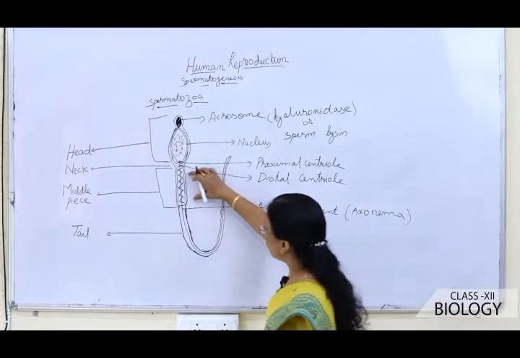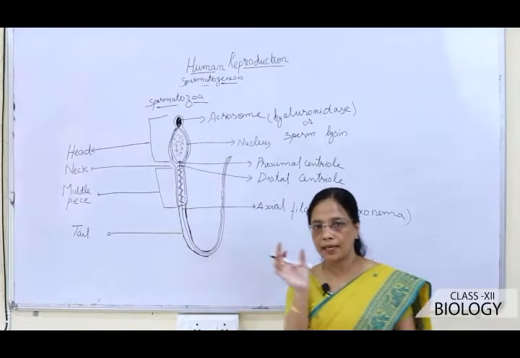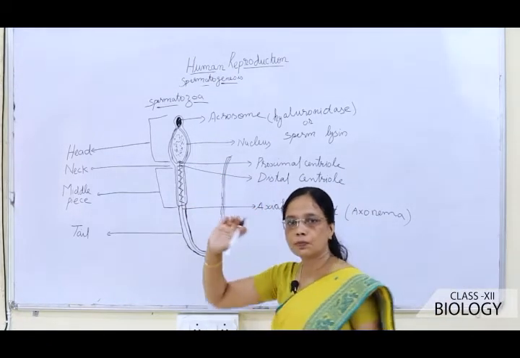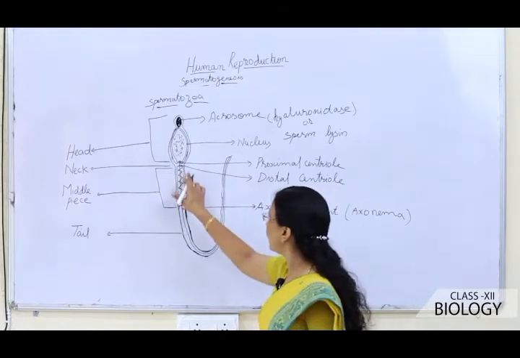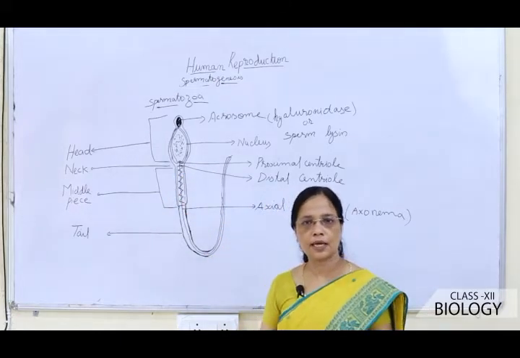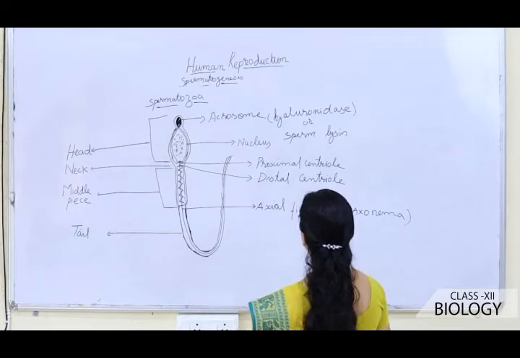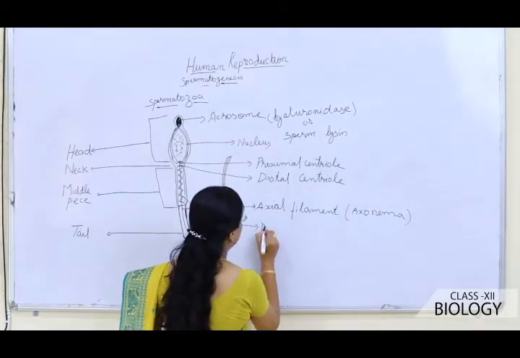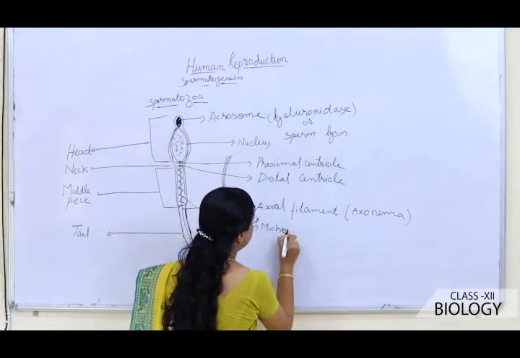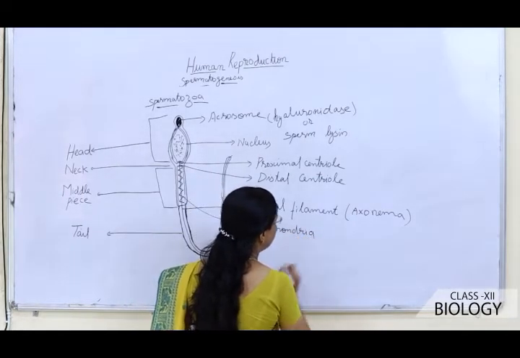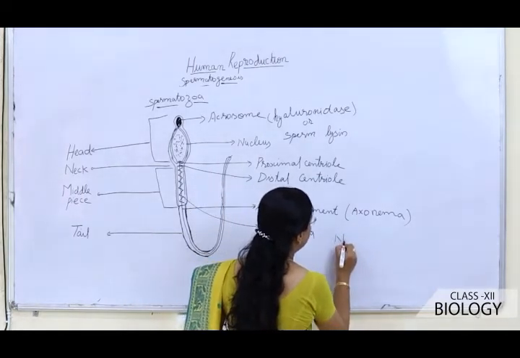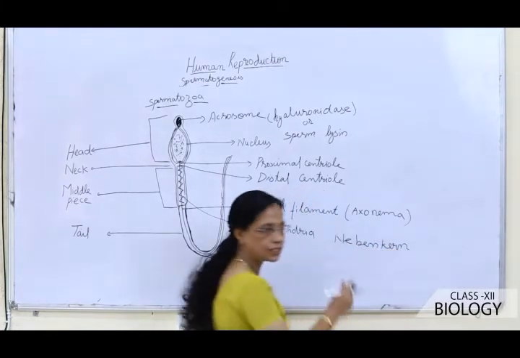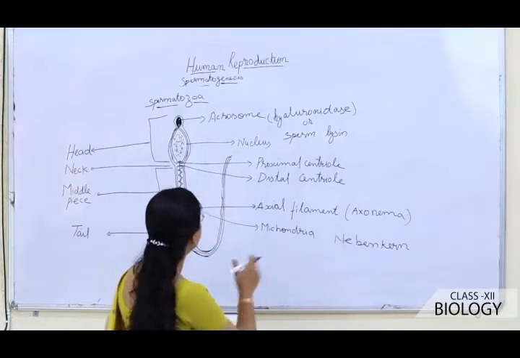Now in the middle piece you can see abundant mitochondria, spirally coiled to form a ribbon-like structure. This is the mitochondria. This type of arrangement is known as Nebenkern.